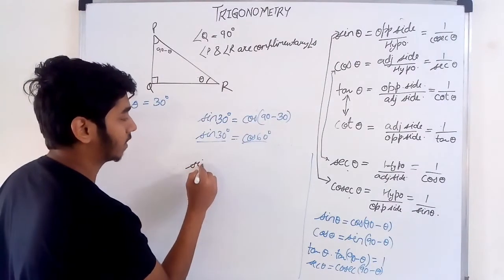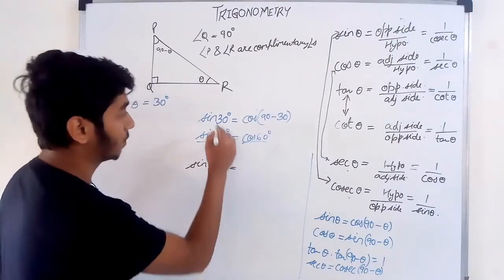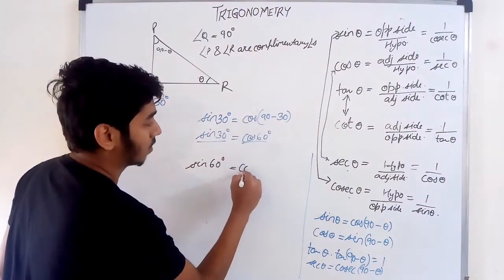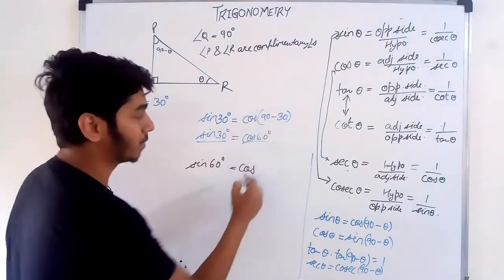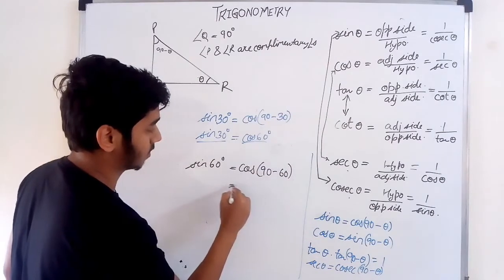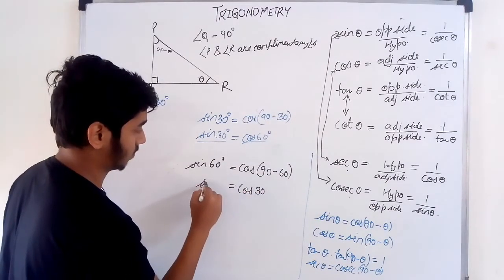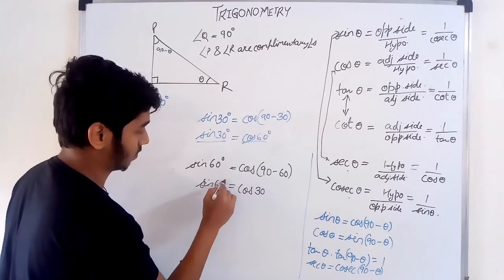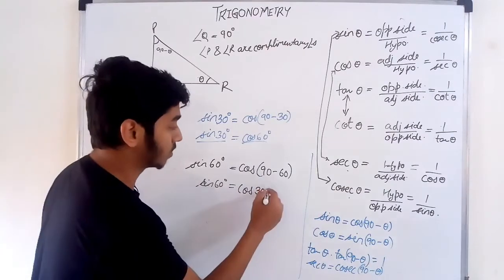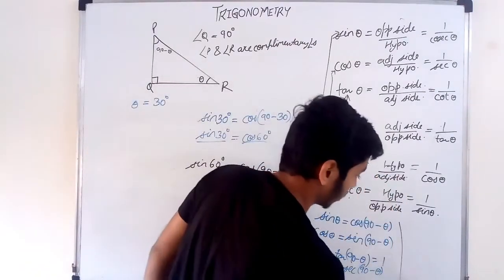Sin 60 gives cos of 90 minus 60, so sin 60 degree is equal to cos 30. These two are important, let's write it over here.